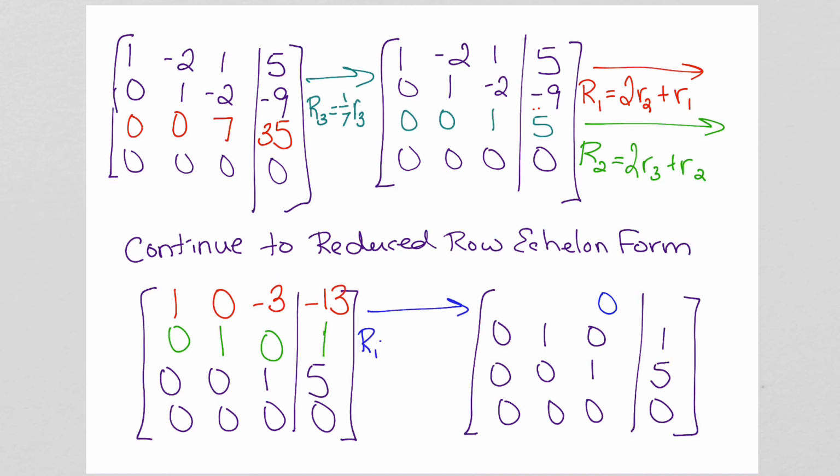So row 1 will be 3 times row 3 plus row 1. Doing that keeps our 1 and 0 in that first spot, gets us a 0 there. And then 3 times 5 is 15. 15 plus negative 13 is 2. So what has this gotten us?